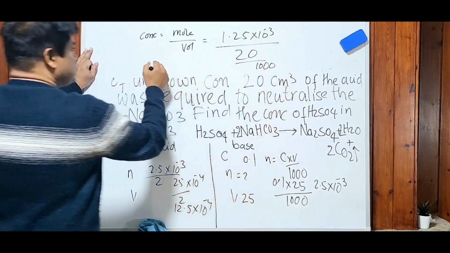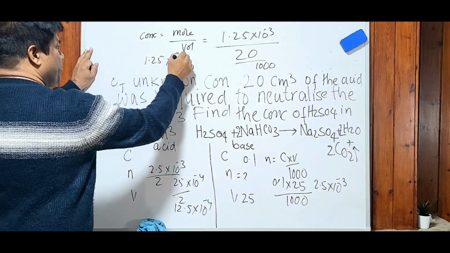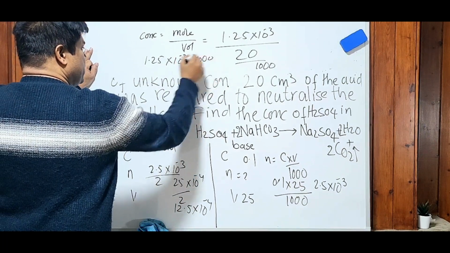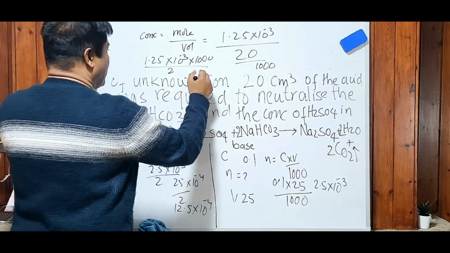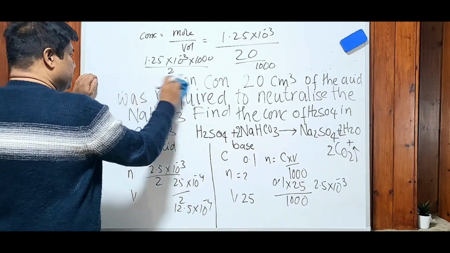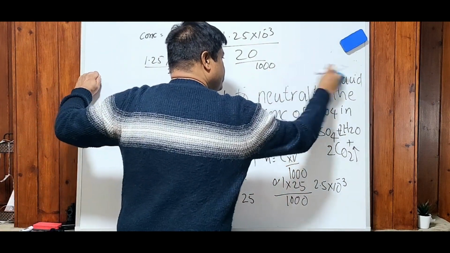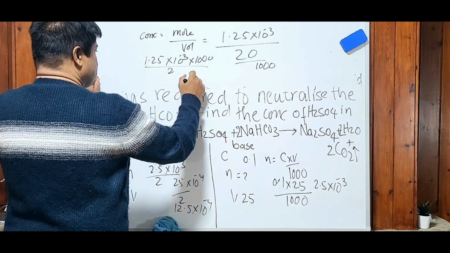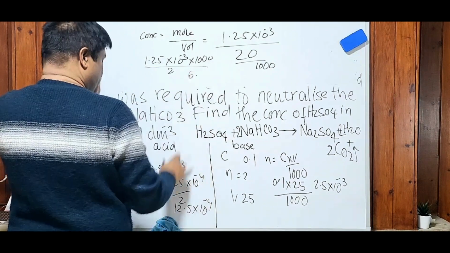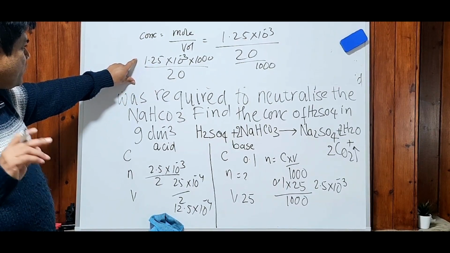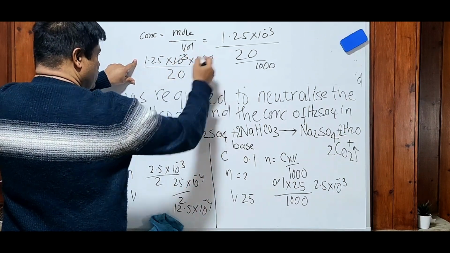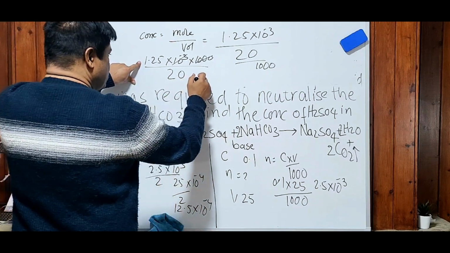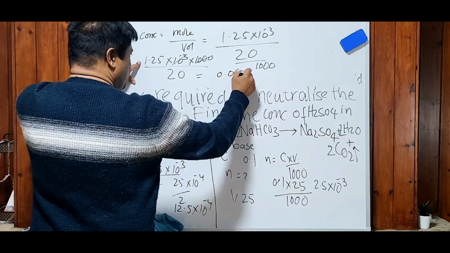That 1000 goes up, so the 10 to the power of minus 3 and that 1000 cancel off. 1.25 divided by 20, which is equal to 0.0625.